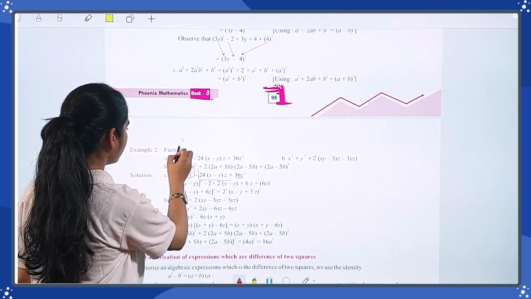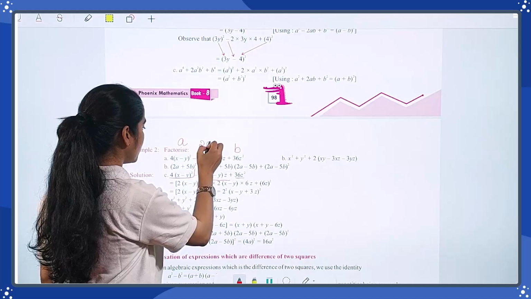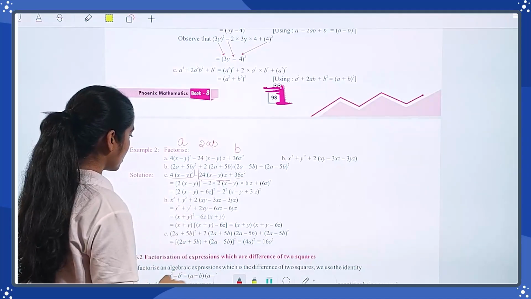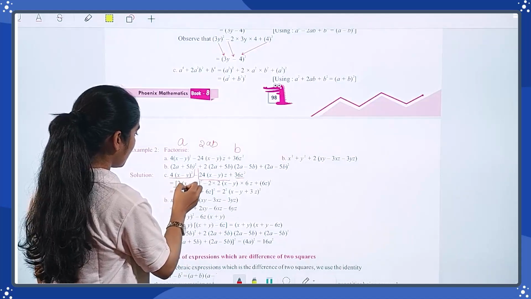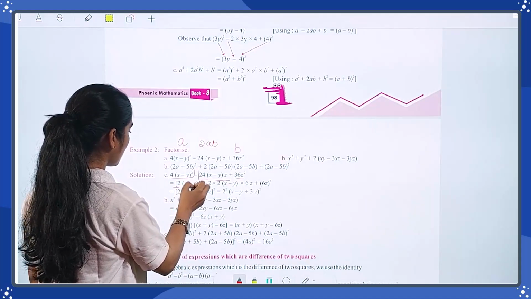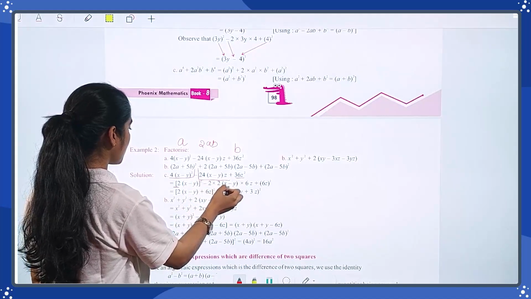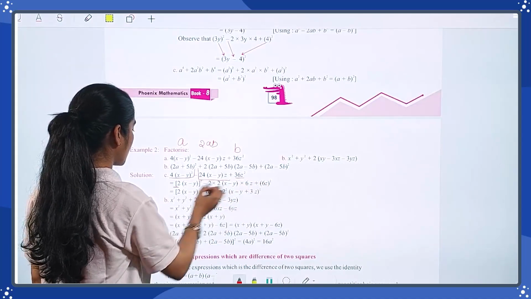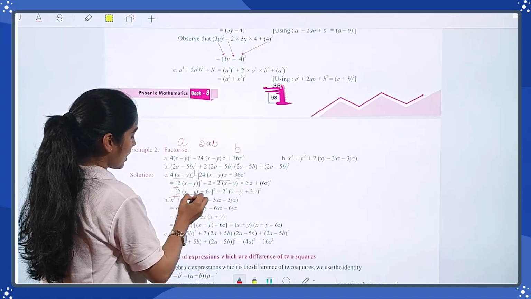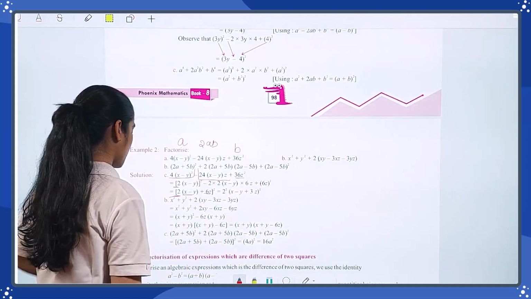This is your A, this is your B, and this is your 2AB. Okay, so 2 multiplied by (x minus y) whole square, which is 2 multiplied by 2(x minus y) multiplied by 6z plus 6z square. 2(x minus y) plus 6z whole square, 2 square (x minus y) plus 3z whole square.